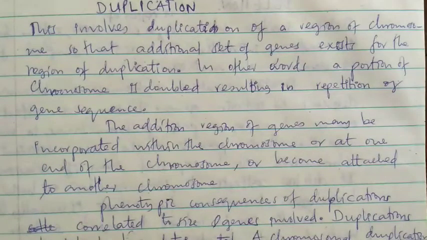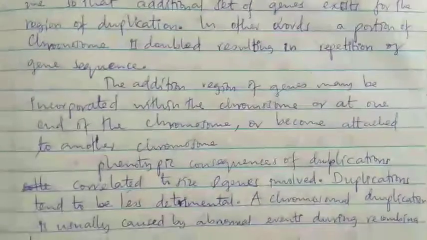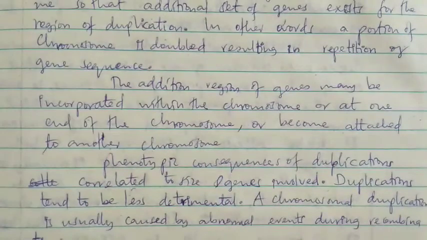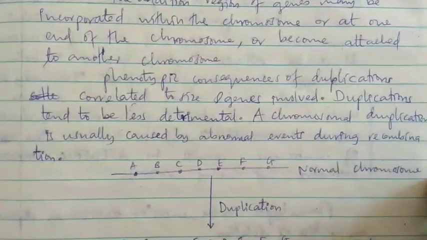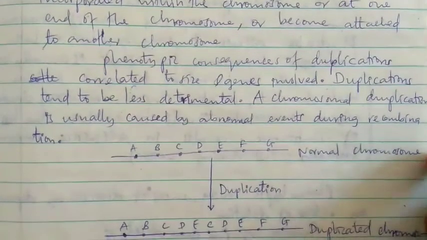The additional region of genes may be incorporated within the chromosome, or at one end of the chromosome, or become attached to another chromosome. So it can be incorporated into another chromosome, it can stay in the same place, or be inserted or attached in another chromosome. Phenotypic consequences of duplication correlate to the size and genes involved.